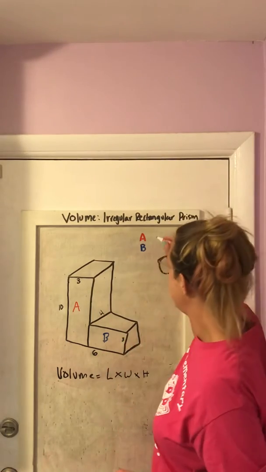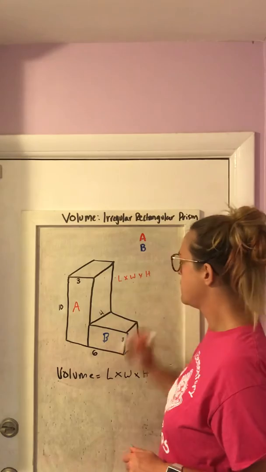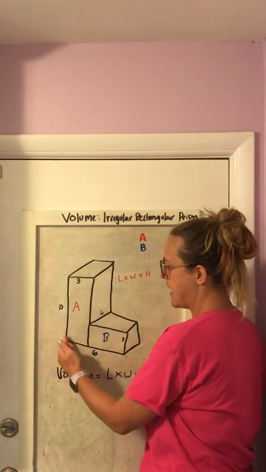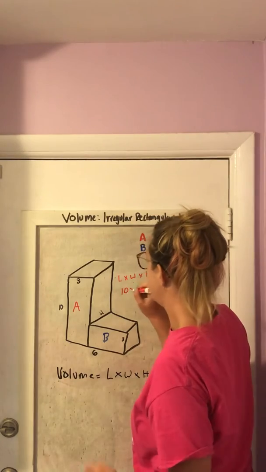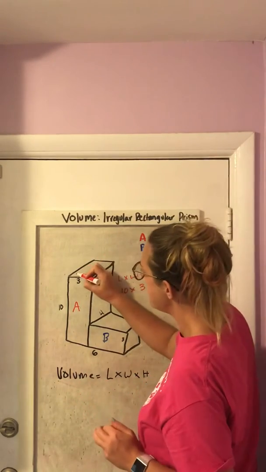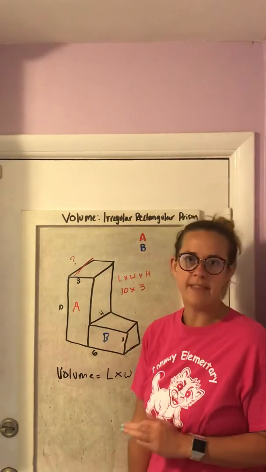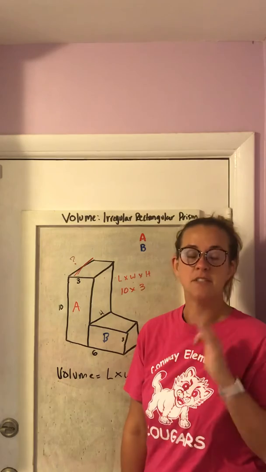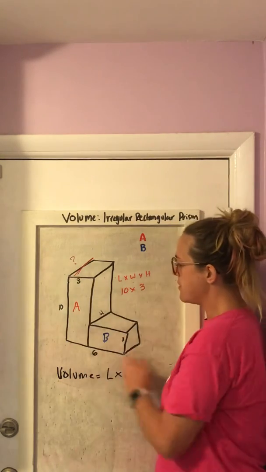I know I need length times width times height. I see that I have this entire height right here. I have this right here, which is 3, and I'm missing this one right here. I don't know what that measurement is yet, but I can use my knowledge of rectangles to look at my other numbers.